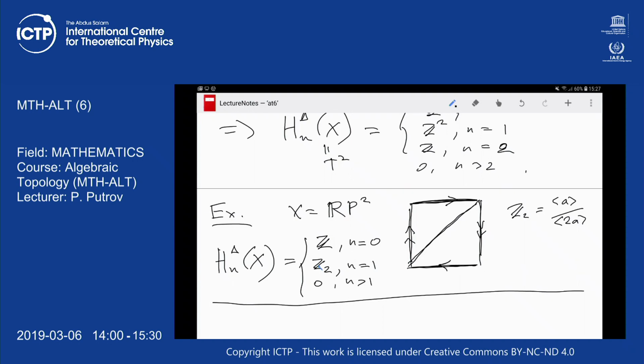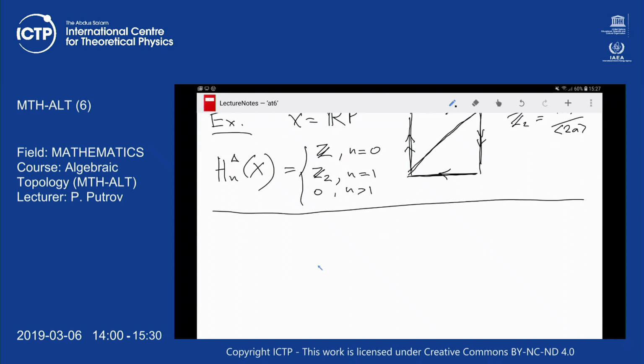Okay. With just a few minutes left, let me define the notion of homology which we usually use: singular homology. As for any homology, we want to start with a chain complex.